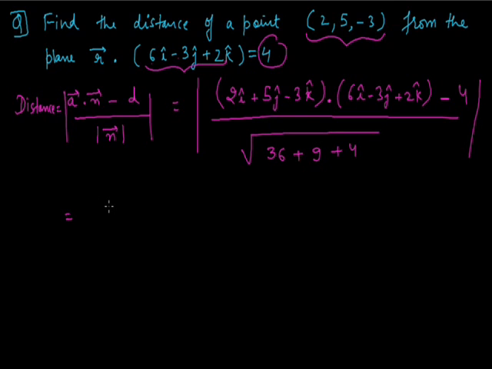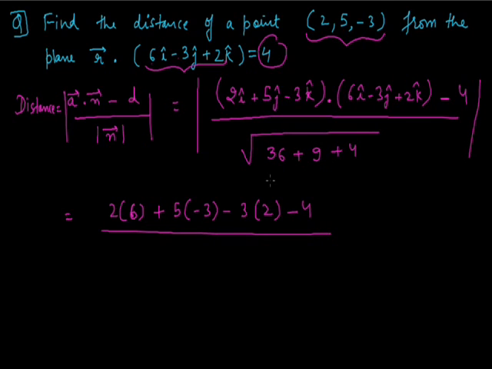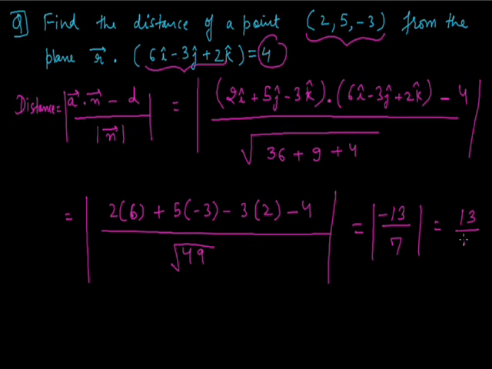So in the numerator you will get 2 into 6 plus 5 into minus 3 minus 3 into 2 minus 4, whole upon, this is going to be 36 plus 13, that is 49, square root, whole inside the mod. So in the numerator you will get 12 minus 15, minus 6, minus 10. That is minus 13 over 7. So the answer will be 13 upon 7 units. This is how you can calculate the distance.